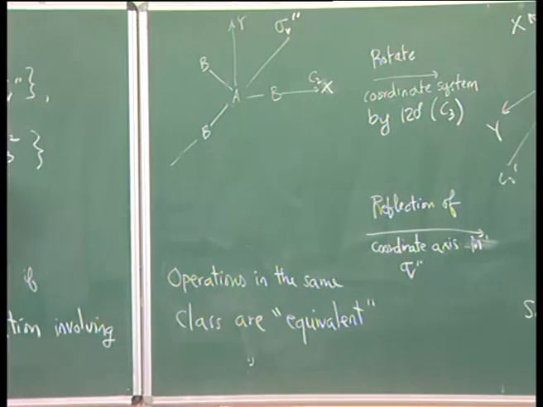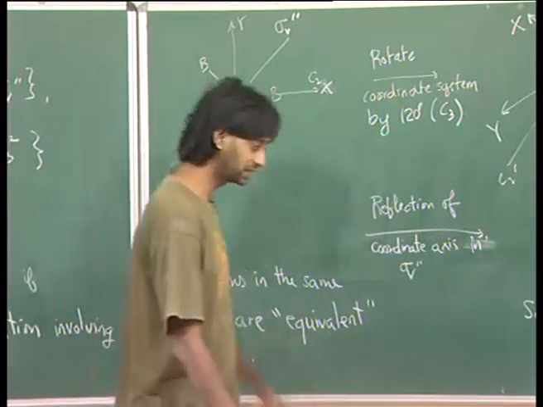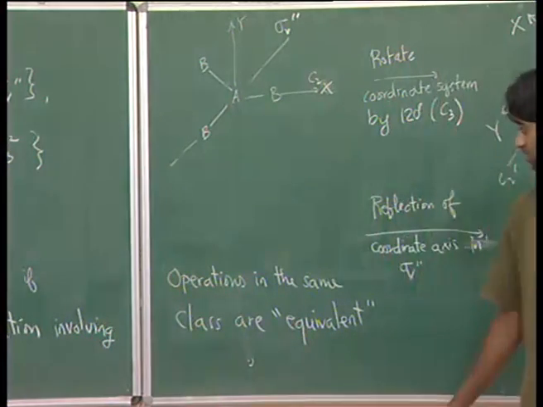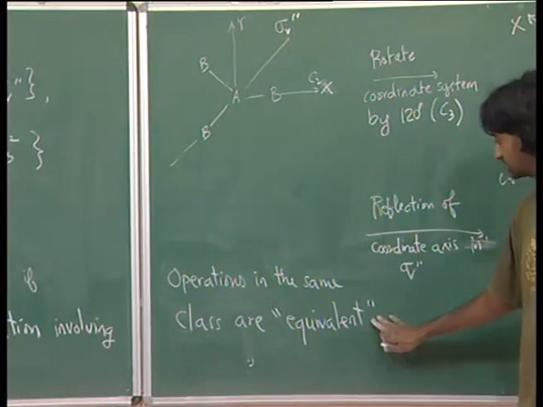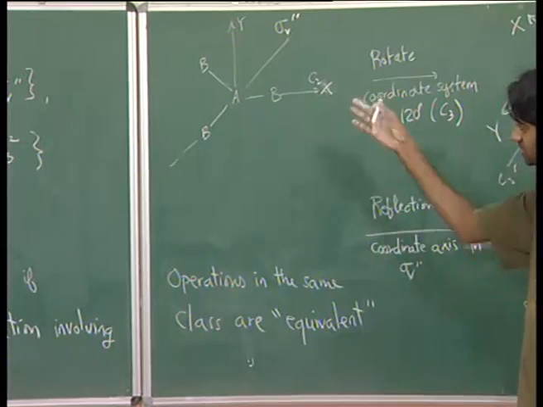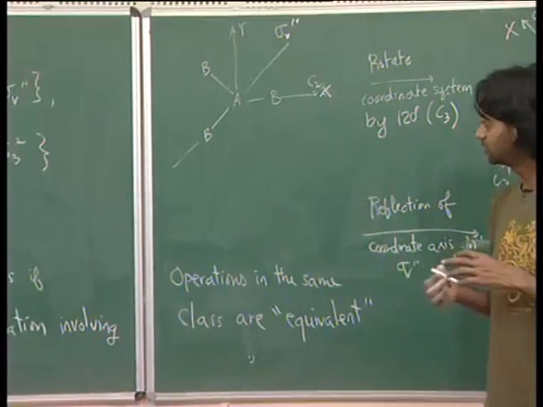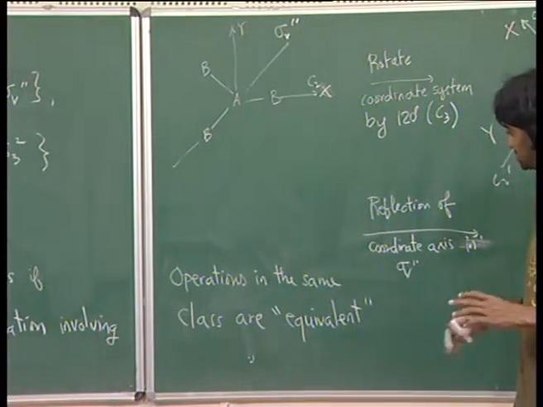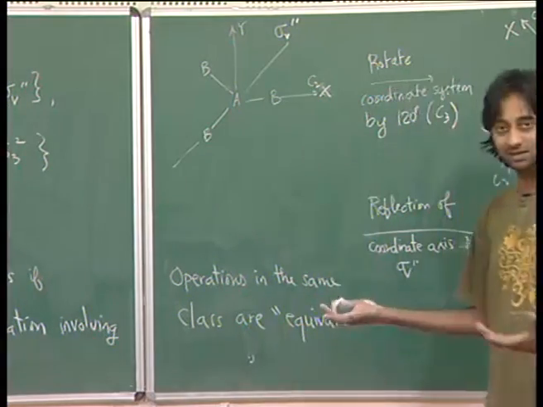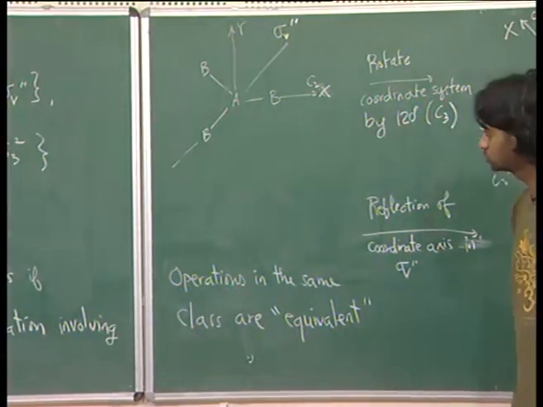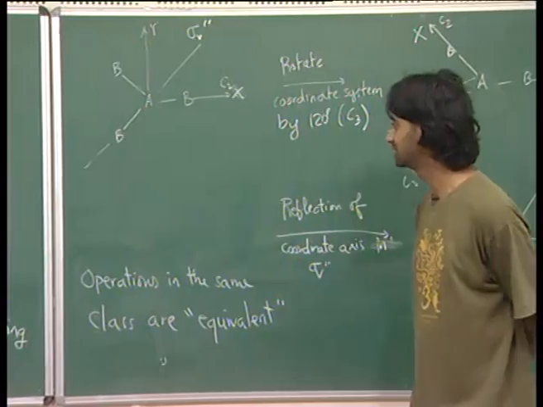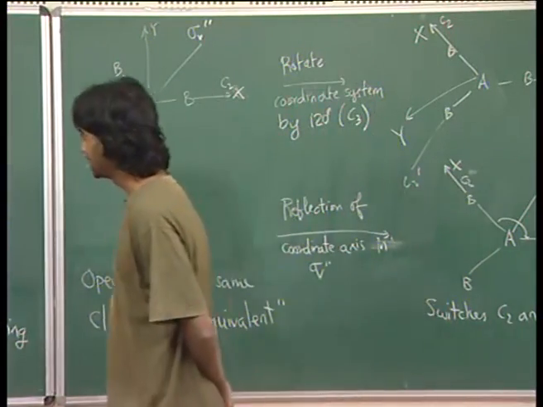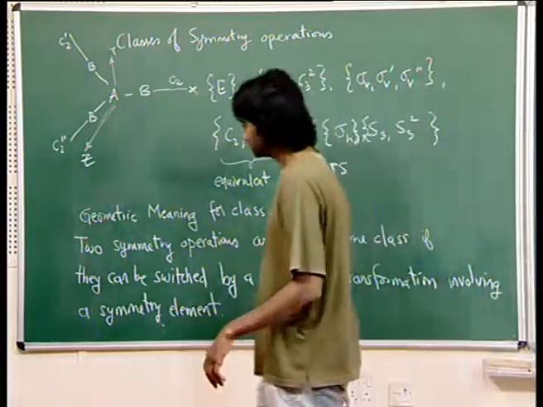Okay, this is again a purely qualitative statement, but you can see the meaning of classes. Why this idea of classes is so important is because operations in the same class are essentially the same. Two symmetry operations that are in the same class are basically the same.